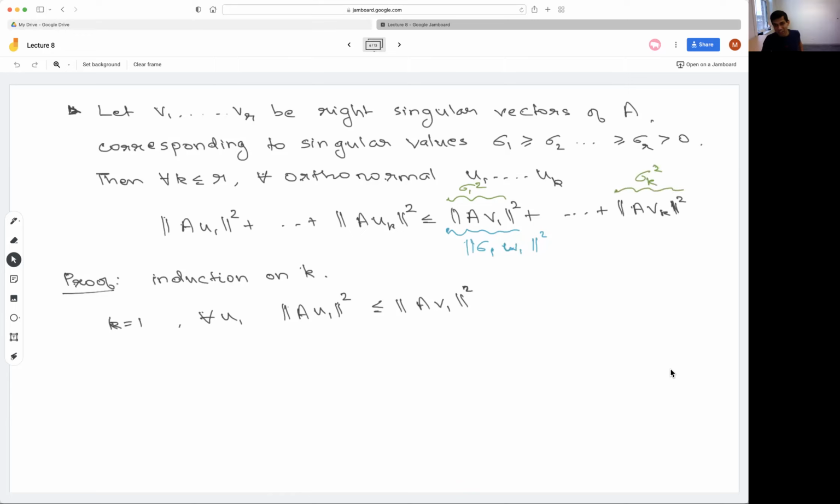So the best we can hope for is sigma 1 square plus sigma 2 square all the way up to sigma k square. Remember, this is the kind of part that we were subtracting. So whatever will be left will be the error.